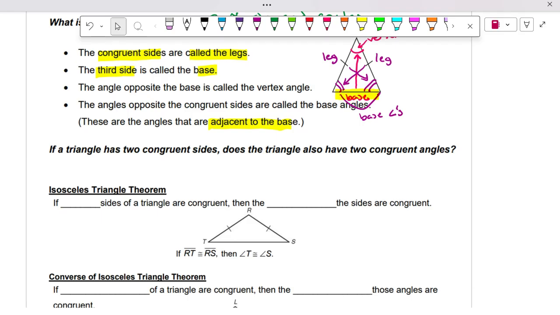There are ways we can construct that and you can see it a little better, but that involves pulling out compasses and doing a bunch of stuff with circles, and we just don't have time for that. But mathematically and logically speaking, it is true. If you go into construction or engineering, you will see that that's always a fact. The sides are congruent, the angles will be congruent in a triangle.